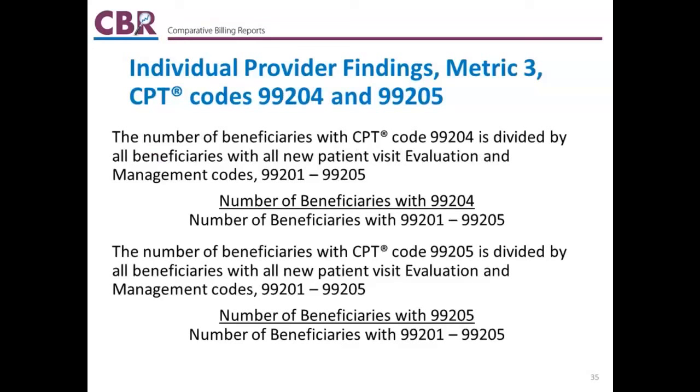When we're discussing metric 3 and its calculations, it is important to keep in mind that in this calculation, we are discussing unique beneficiaries. So the total beneficiaries of the overview in table 2 that we looked at will most likely not match the total for the denominator of this metric, in particular for established visits. A beneficiary can be counted multiple times in table 2.